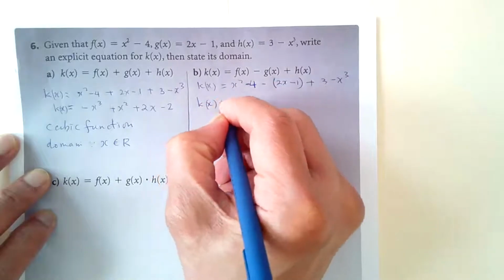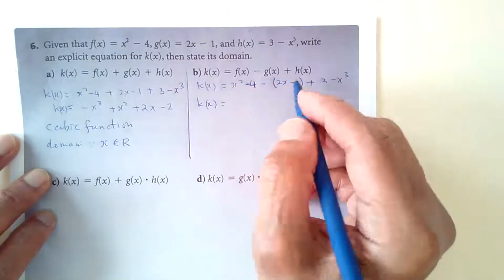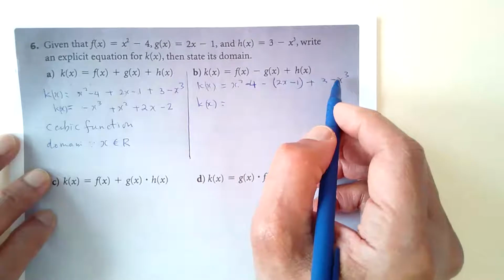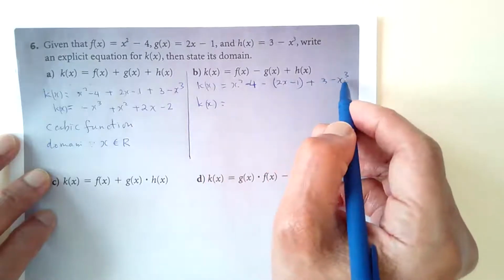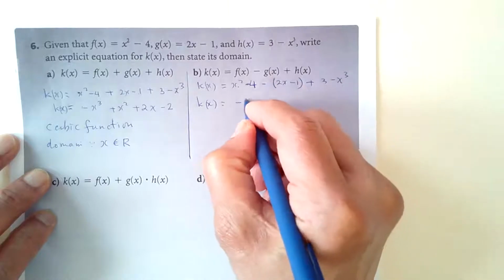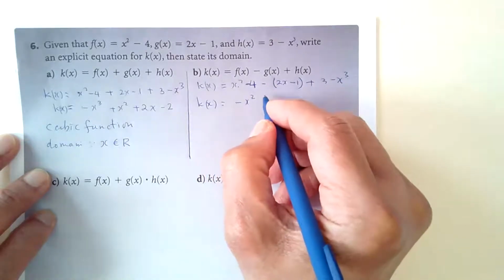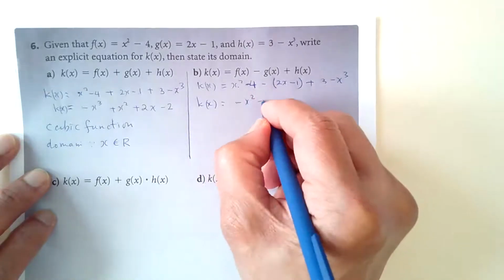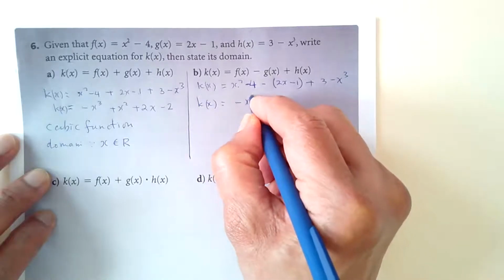Combining like terms, we have x squared, we have an x cubed, and that's negative x cubed. And we have 1x squared positive.